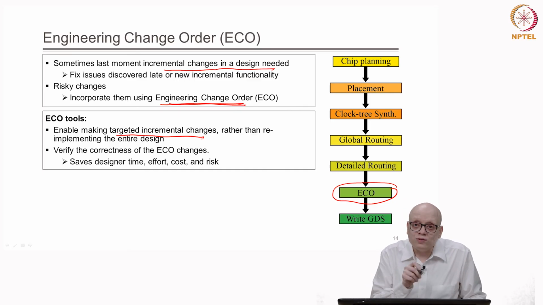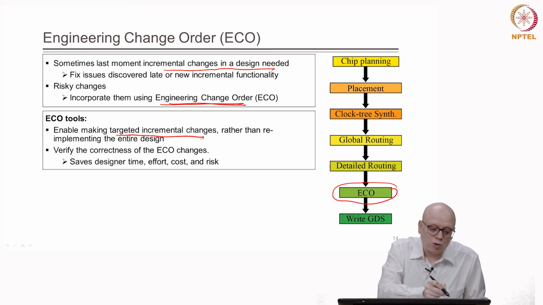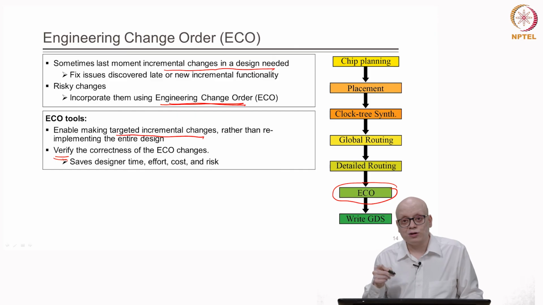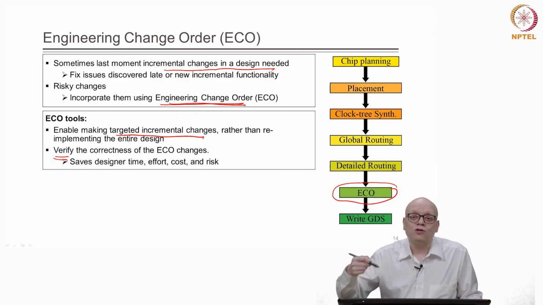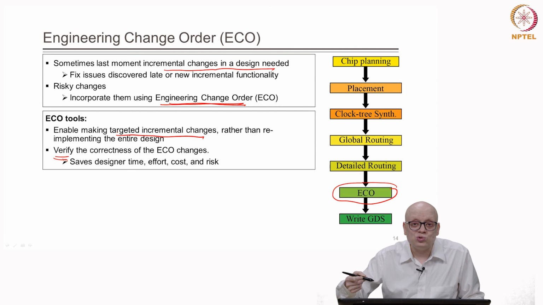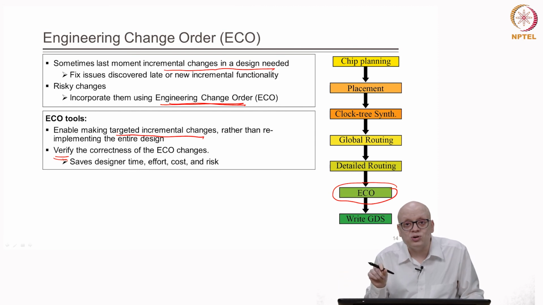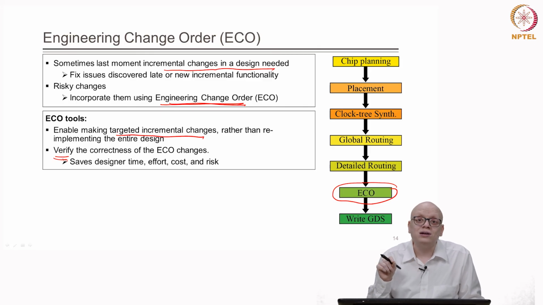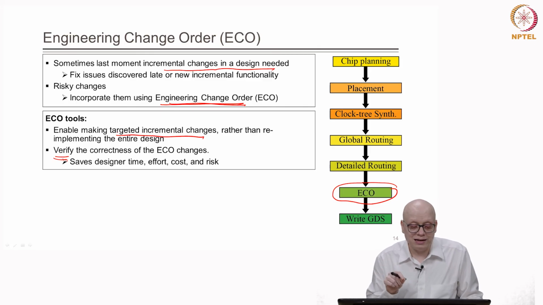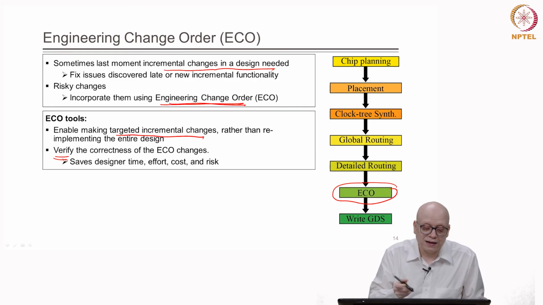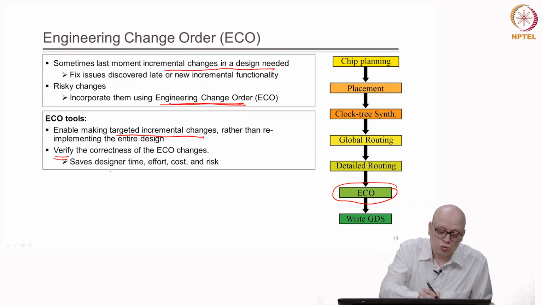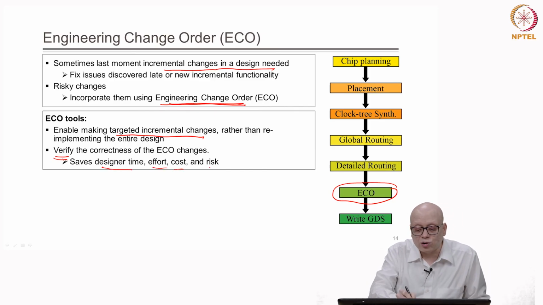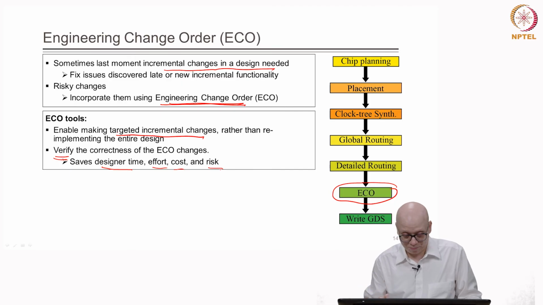These tools not only make changes in our design, but they also help us verify the correctness of the ECO changes. For example, internally it can run a formal tool or a timing analysis tool which will ensure that the functionality of our design is not disturbed while making the changes. Therefore, these ECO tools save designer time, effort and cost, and also minimize the risk.